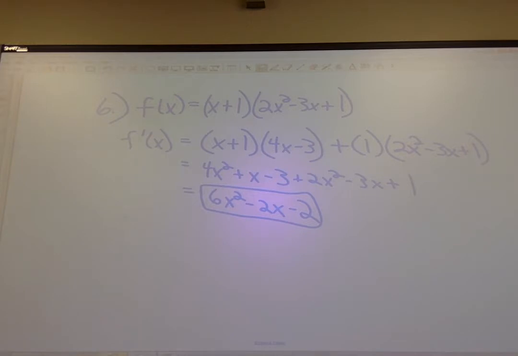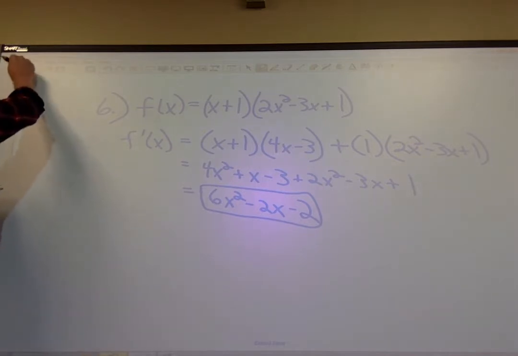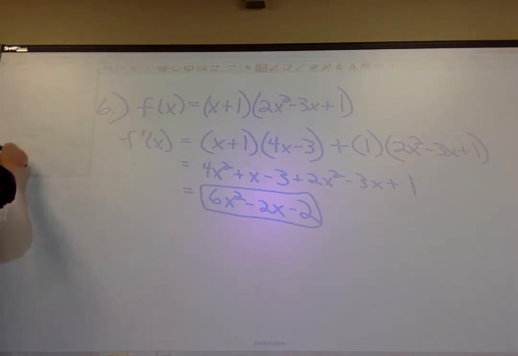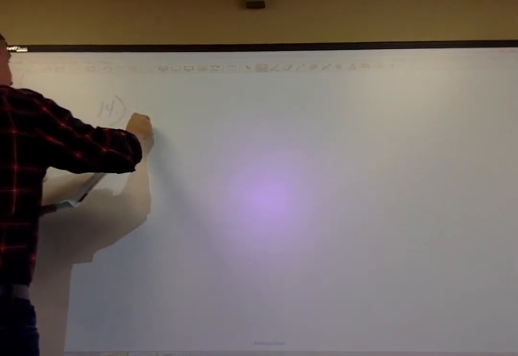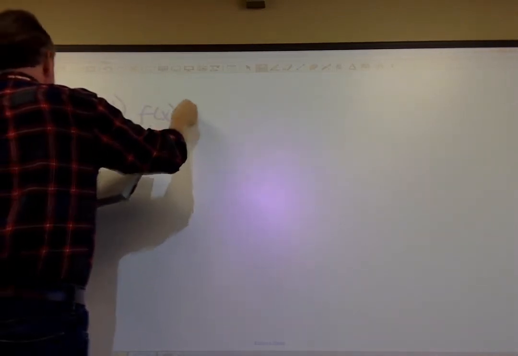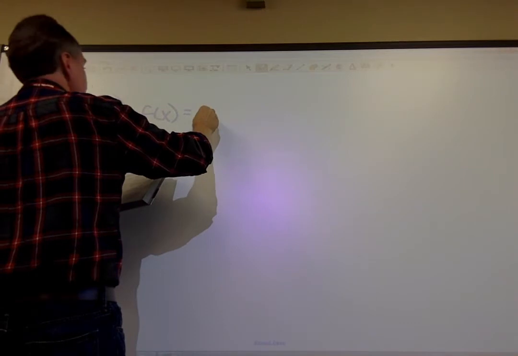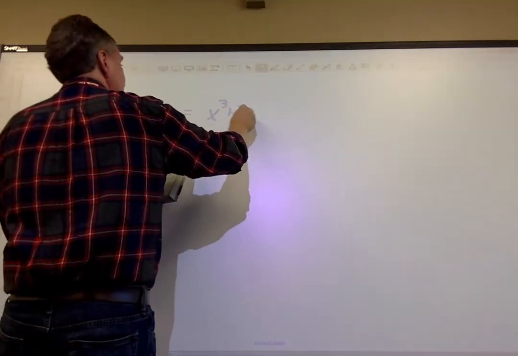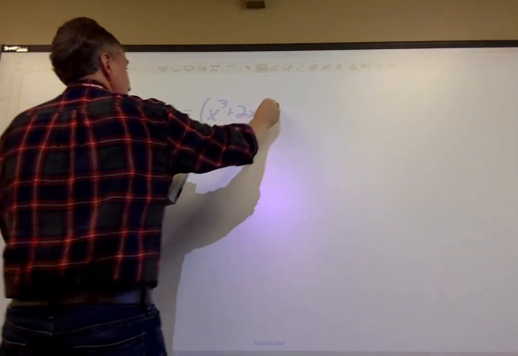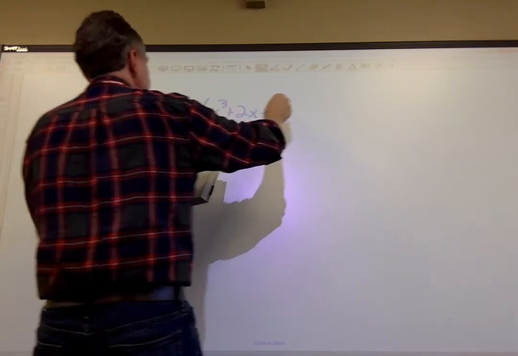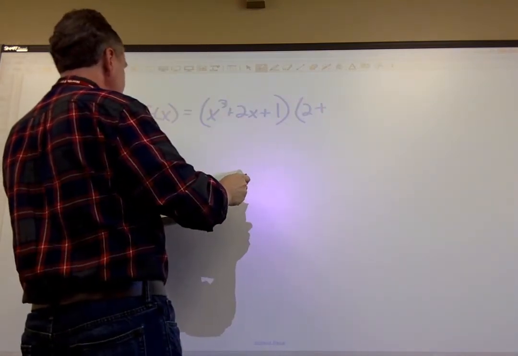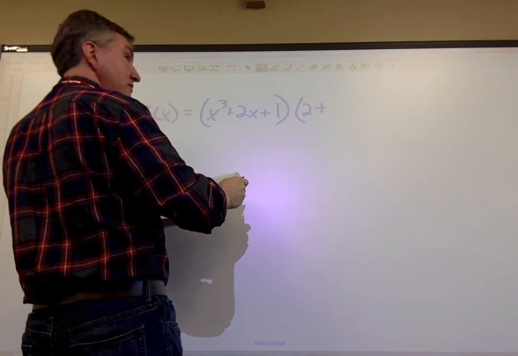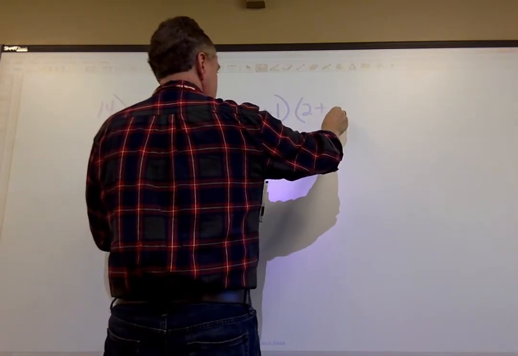Would it bother you if it looked like 14? Yeah, I'll look at it. 14 says f of x is x cubed plus 2x plus 1 times 2 plus, how could I write 1 over x squared without the fraction? 1 times x to the negative 2.